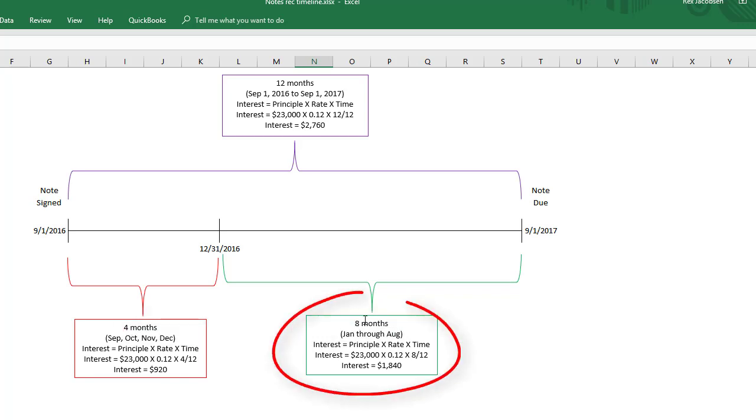So let's calculate how much interest we've earned for 8 months. 23,000 times 0.12 multiplied by 8 divided by 12 should give us 1840. I'll show you on the calculator. Just remember to go from left to right.